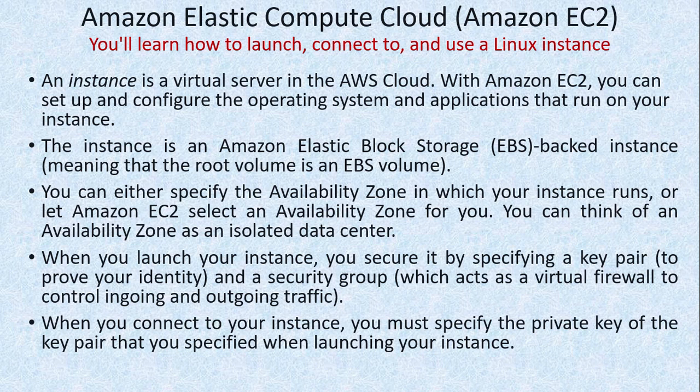These are the major steps related to Amazon Elastic Compute Cloud. So an instance is nothing but a virtual server in the Amazon Web Services Cloud, and with EC2 you can set up and configure the operating system. It may be Linux or it may be Windows, and the applications that run on the operating system.